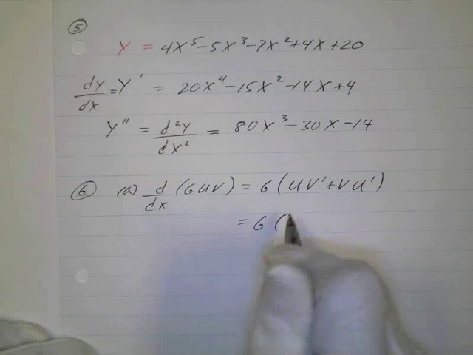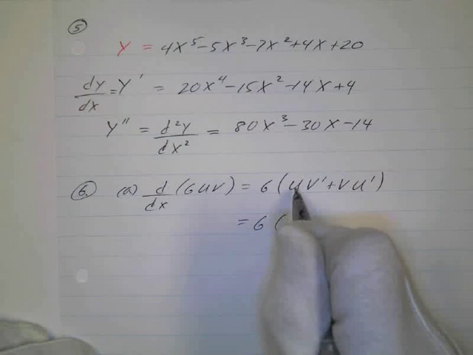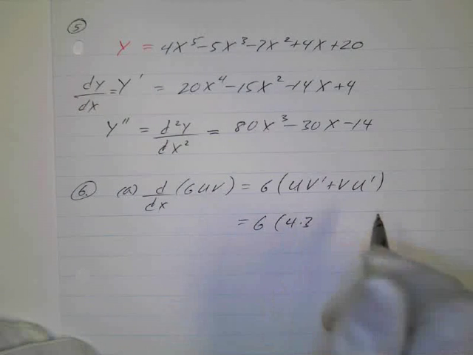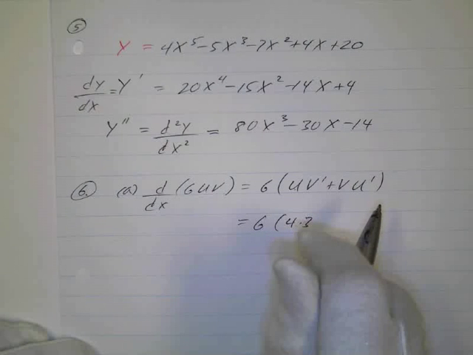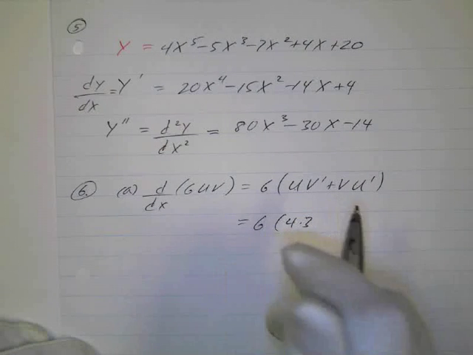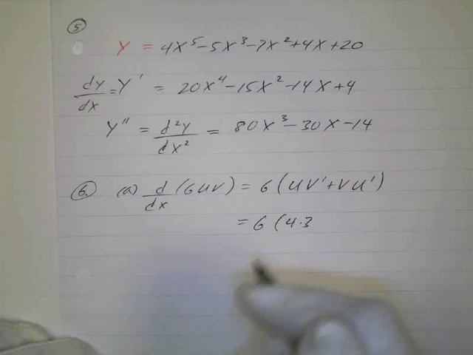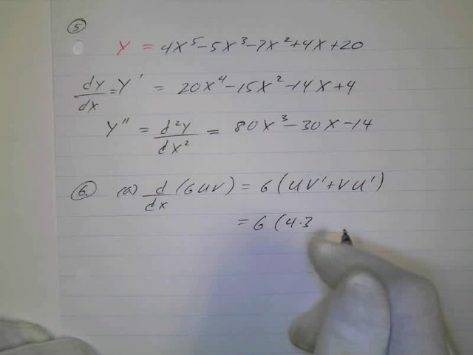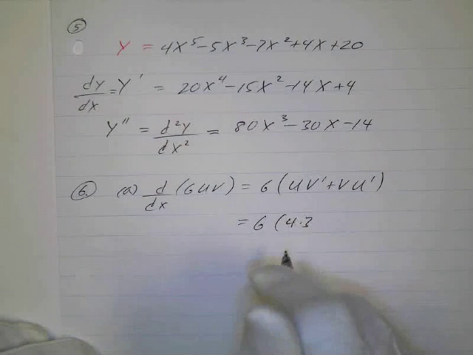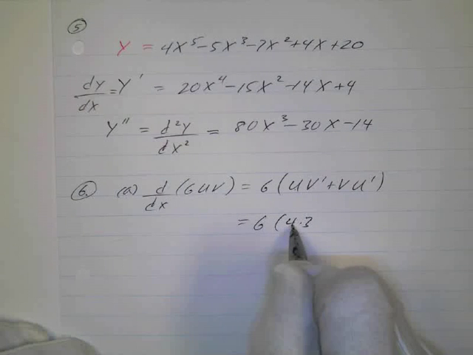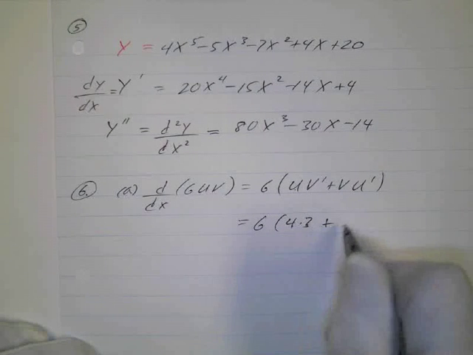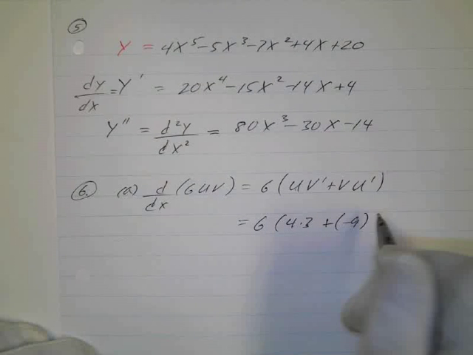Those values were given. The u of 2 is 4, the v of 2 is negative 9, the u prime of 2 is 5, and the v prime of 2 is 3. So we just want to evaluate that at x equals 2. So those end up being 4 times 3 plus negative 9 times 5.